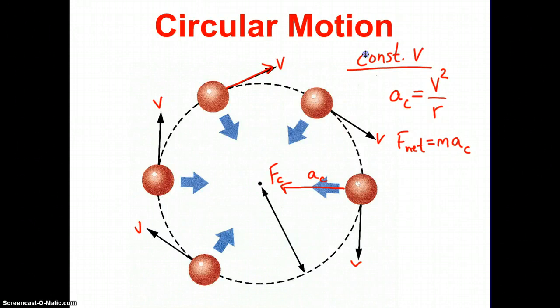So we put our subscript c on the a, and so the net force is caused by whatever's causing the centripetal force, which is m a c. And substituting the equation for a c, we get this centripetal force equation, m v squared over r.